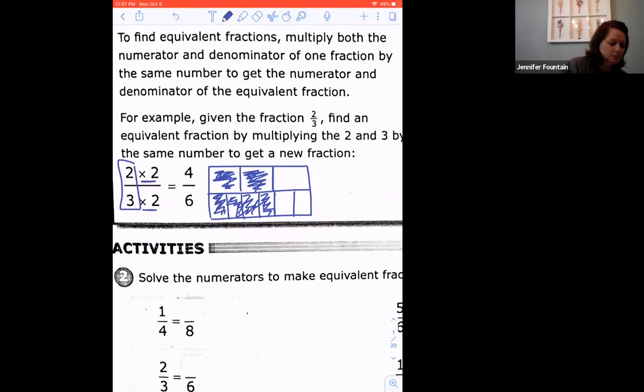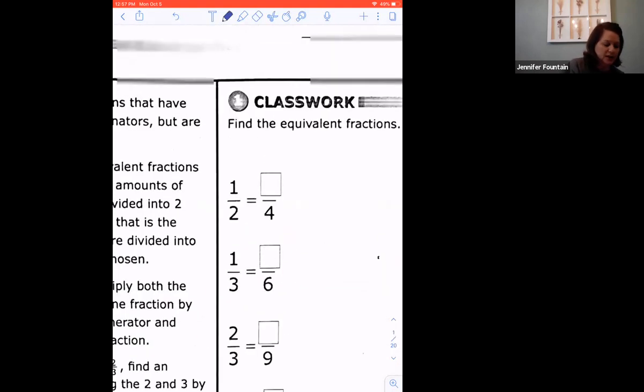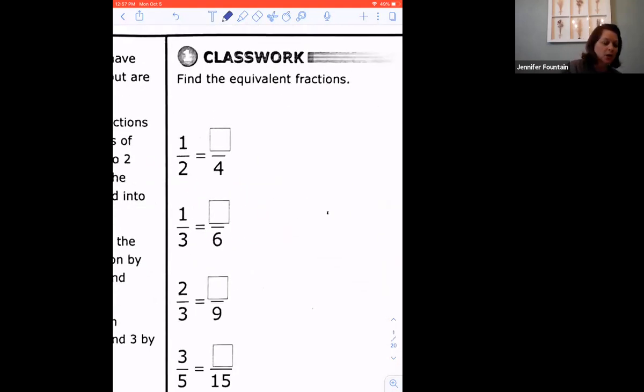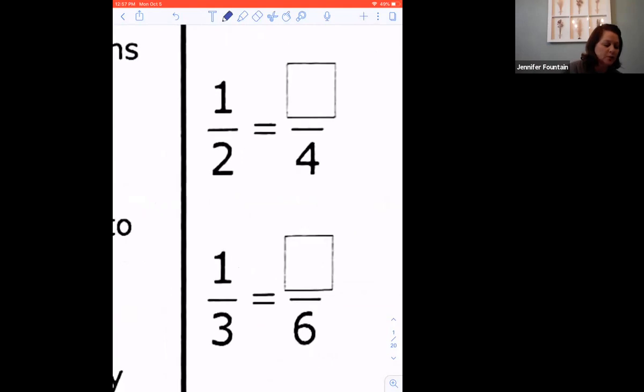Let's look at the first one. I have 1/2. I started with 2 and I got to 4. So what do I multiply 2 by to get to 4? I just multiply by 2, right? If I multiply my denominator by 2, I have to multiply my numerator by 2. So 1 times 2 is 2.